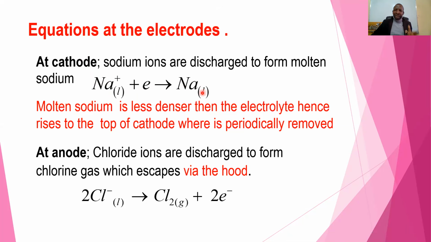If the examiner tells you to write an equation that occurs at the cathode or at the anode, you simply write the equation using the simplest mole ratio. You don't have to balance the electrons, because a correct equation should simply be balanced using the simplest mole ratio. Very important for you to be able to capture that. We go to the next.